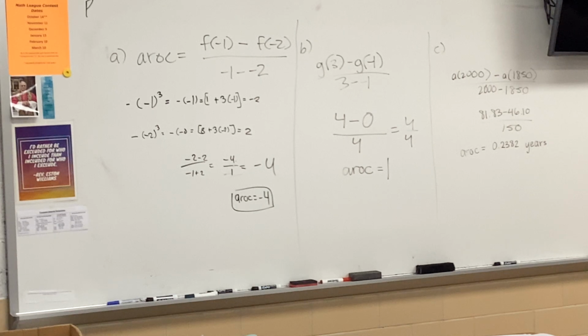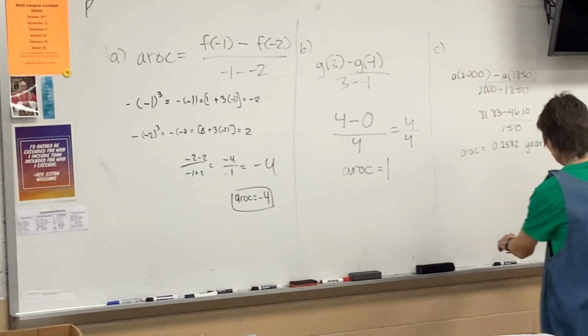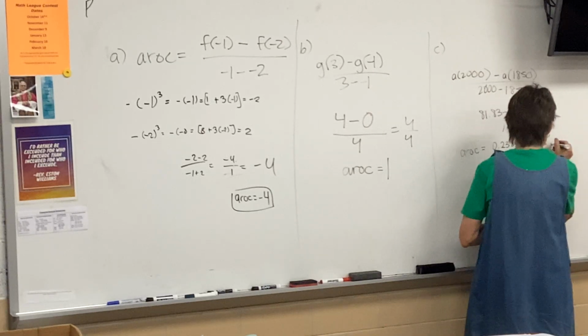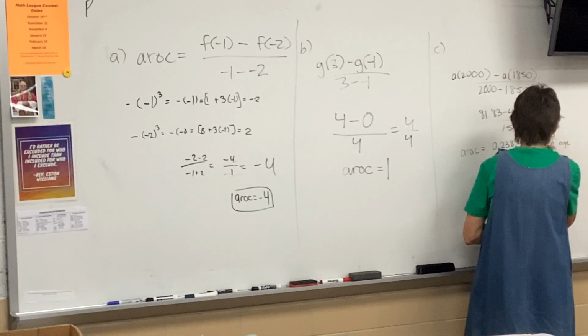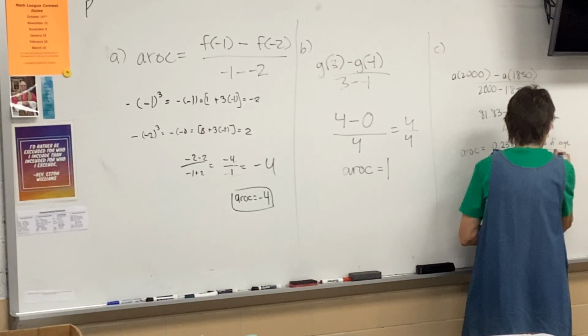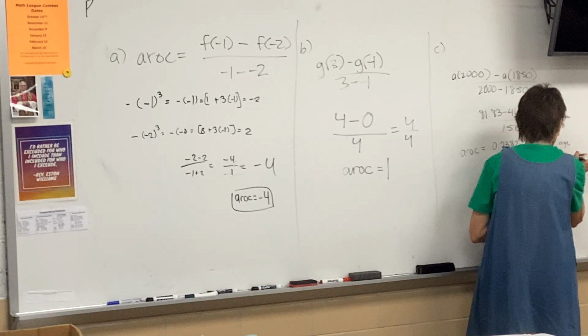So every year, is this women? A woman could expect to live 0.2382 more years than she did the year before. So I don't know how you would say that. I would probably just say years of age per years of time.